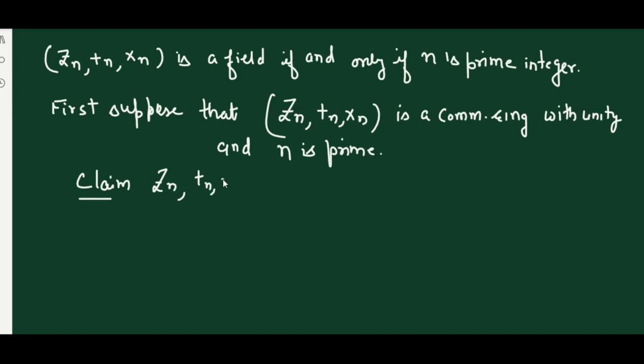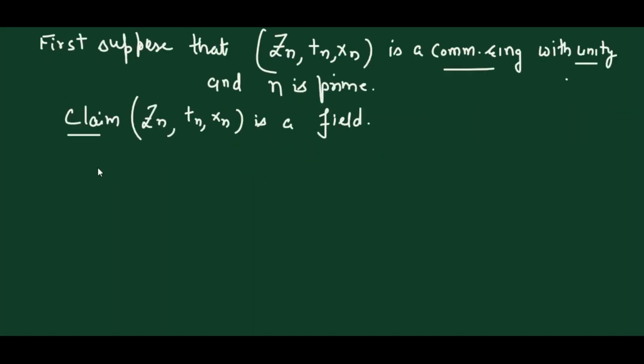So for a field with respect to multiplication and addition, what is remaining to show? That every non-zero element is invertible. Because commutative ring with unity is already there, the only thing we have to show is that every non-zero element is invertible.